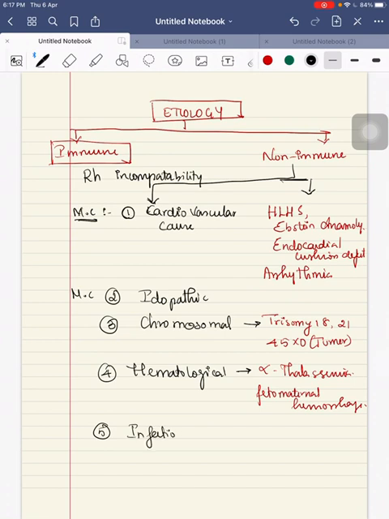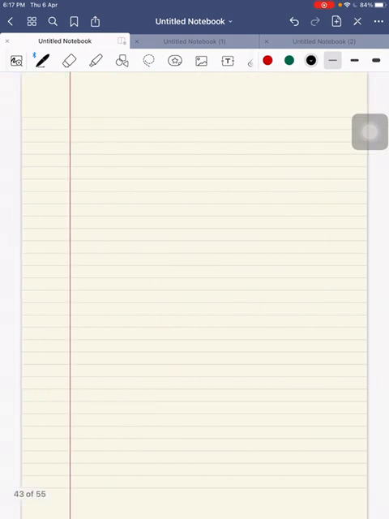Fifth, it is infection. Among infection we have three main things, that is parvovirus, CMV and adenovirus. This adenovirus can cause fetal myocarditis, so that leads to Hydrops fetalis.